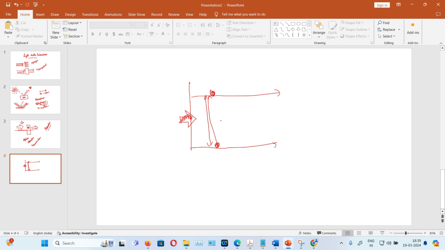From here it can again go back to the ground state either in a non-radiative manner or by emitting a photon.